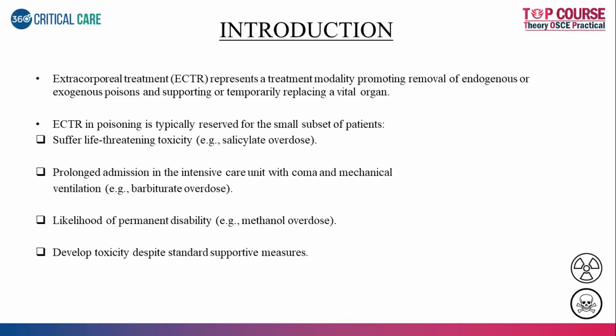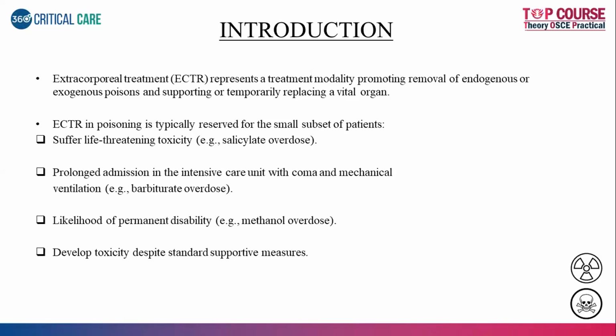One, if the patient has a life-threatening toxicity, then you can give an option of ECTR. Second, if there is prolonged admission in the ICU with coma and mechanical ventilation, especially with barbiturate overdose, then you can give an option of ECTR. Third, any likelihood of permanent disability, especially with methanol overdose.